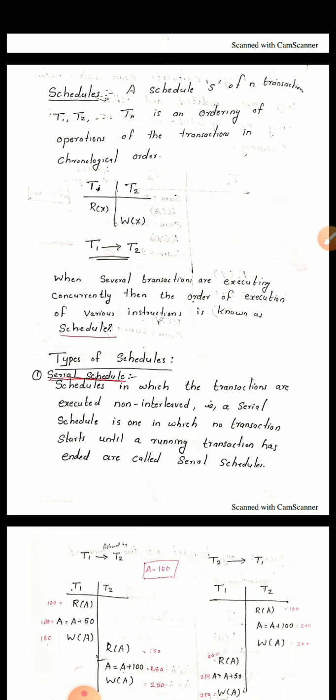Scheduling means a schedule S of n transactions T1, T2, up to Tn is an ordering of the operations of the transactions in chronological order. T1 followed by T2. So in T1 a read operation is performed and after that in T2 a write operation is performed.